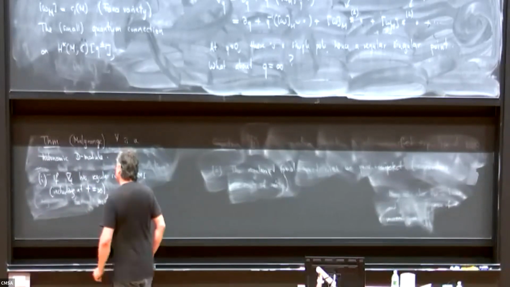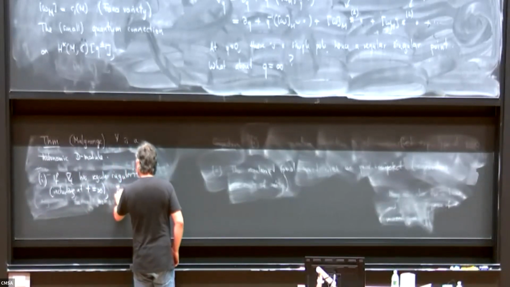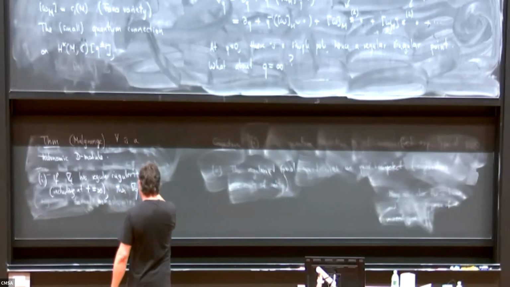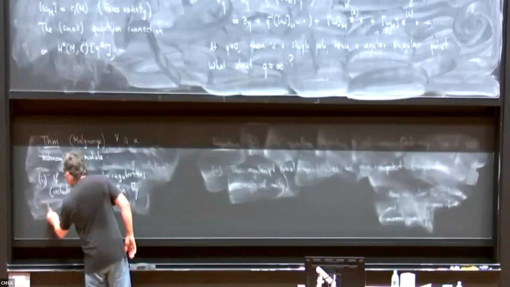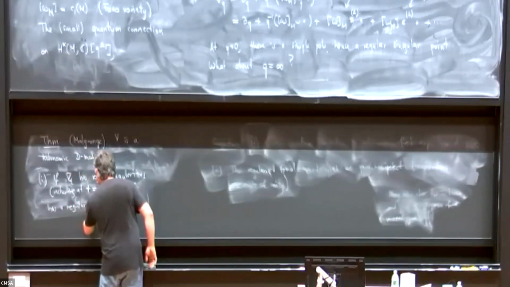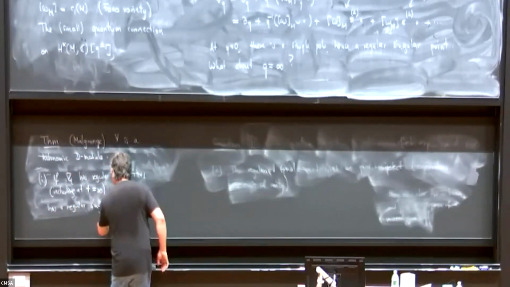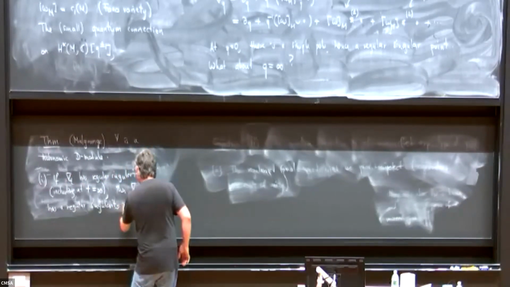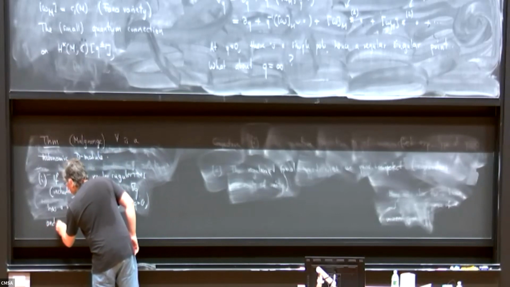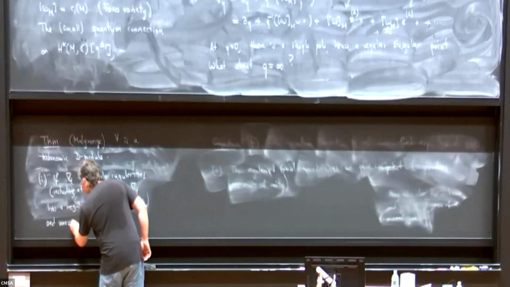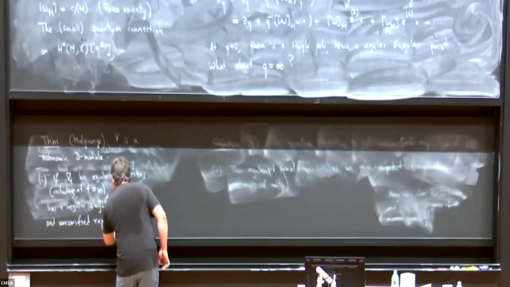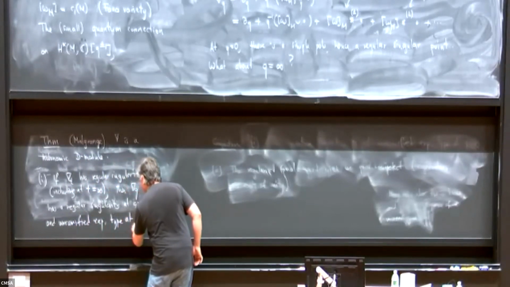Then the Fourier-Laplace transform, which is the same thing, has a regular singularity at q equals 0 and unramified exponential type at q equals infinity.